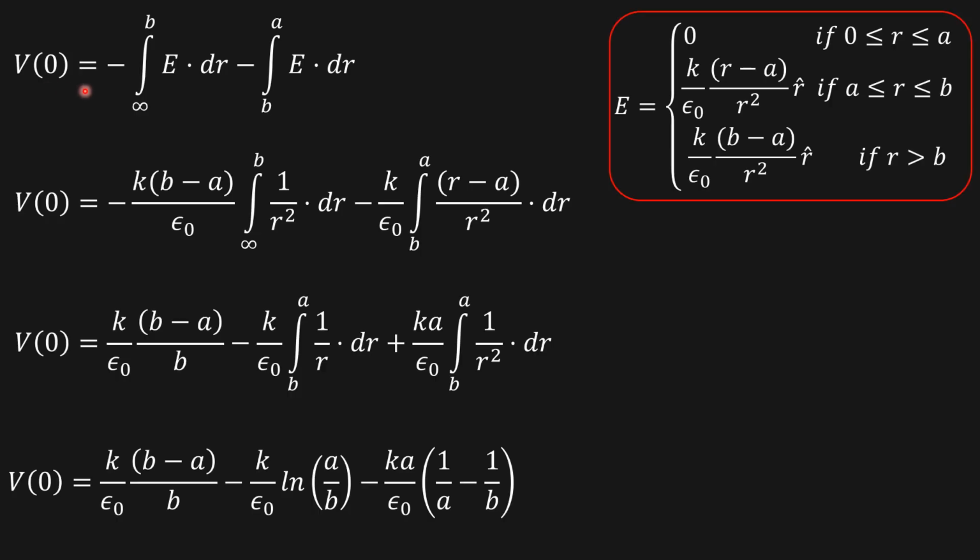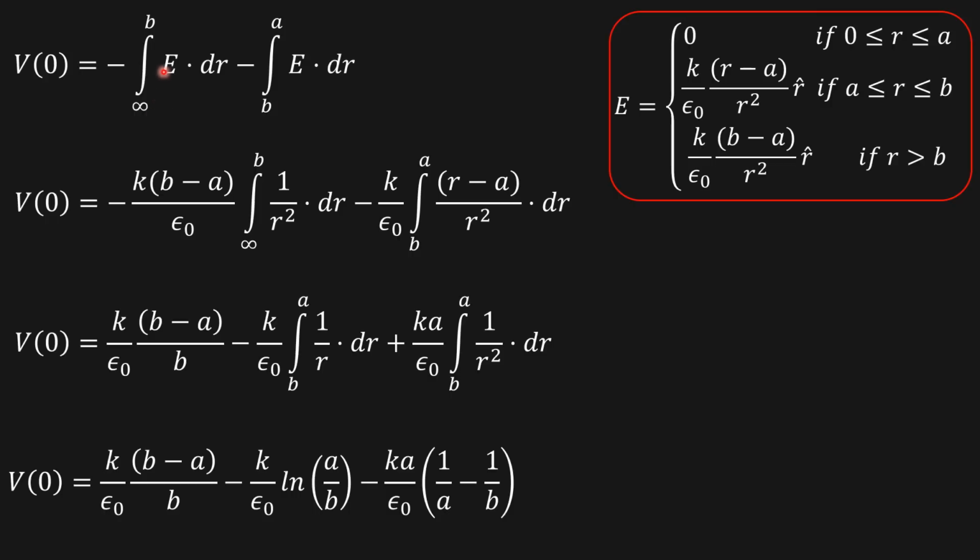Now we get V of 0 is minus the integral from infinity to b of E dot dl, minus the integral from b to a of E dot dl. We have seen that the third integral becomes 0 because the electric field inside is 0.